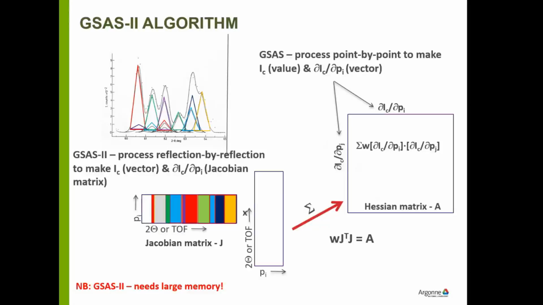This axis is the number of parameters in the refinement, which could be 100 or a couple hundred. So this is a big matrix. If you take this and multiply by its transpose, you get this. And if you have another histogram, you just repeat the process. You slap the new one on top of that, and you build up the least squares matrix that way.